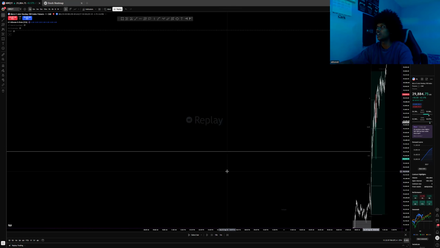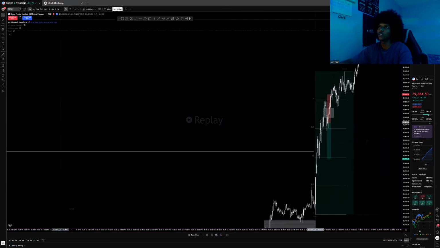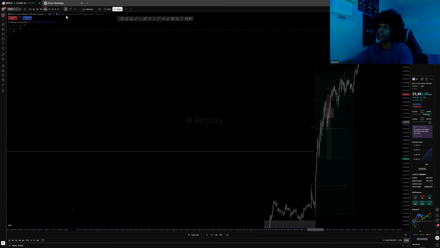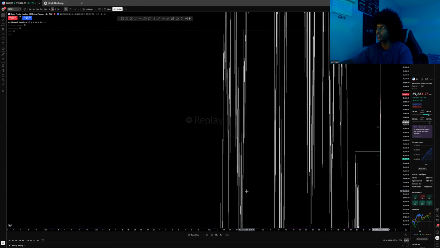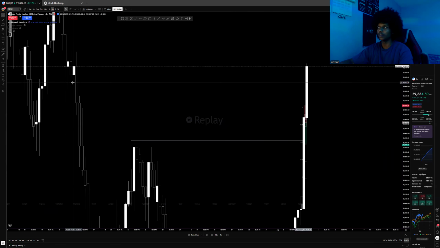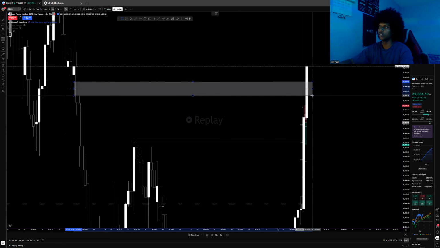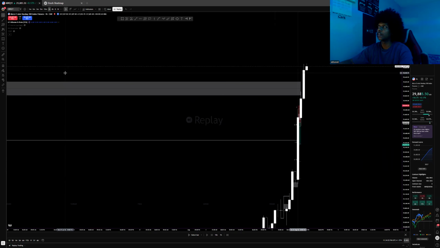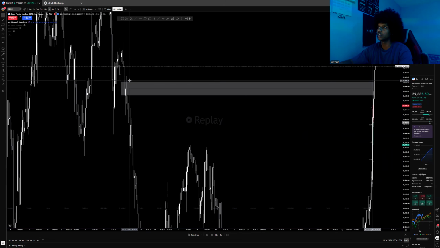What I could have done, I was targeting this 15-minute gap. I mean, not the 15-minute gap, the 4 hour gap, I guess. Yeah, the 4 hour unfilled fair value gap. So that is what I'm targeting, and then aligning up with the 1 hour fair value gap.